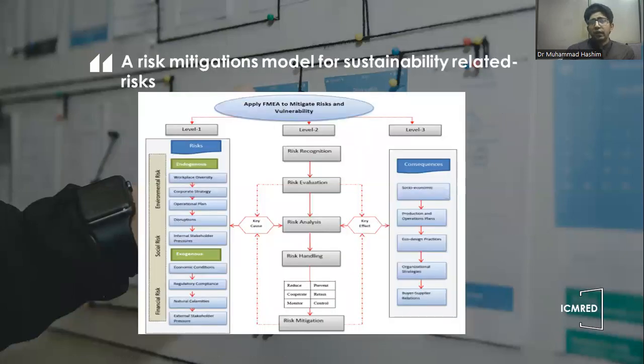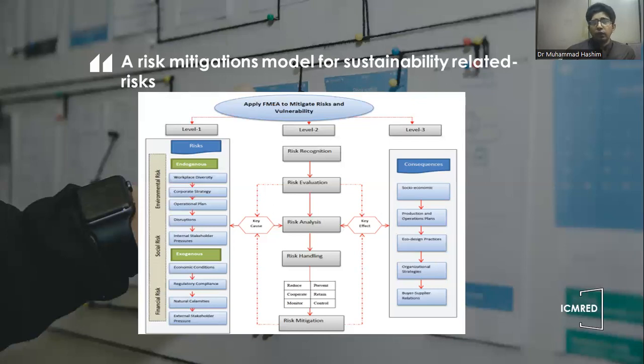So this picture gives an idea about the modeling of supply chain sustainability-related risk. Here we can see that there are three levels: the first, second, and third levels. When we apply the FMEA model, we divide our study into three levels. Under the first level there is risk, and risk is categorized into two categories, exogenous and endogenous. We can say that there are three main categories: financial risk, social risk, and environmental risk.